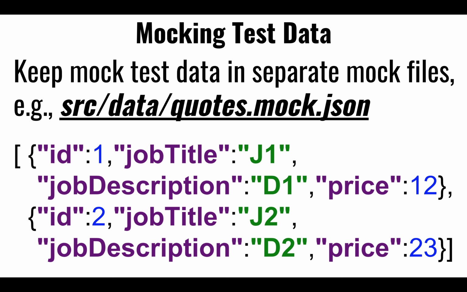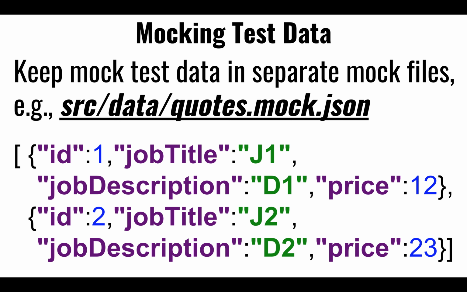Here's an example of a mocked piece of data. Notice that we have stored it in a dedicated file called quotes.mock.json. Right? And so this is a good practice for your tests. Here you would have some representative data, presumably data that looks very similar to what you would get from retrieving it from a server.